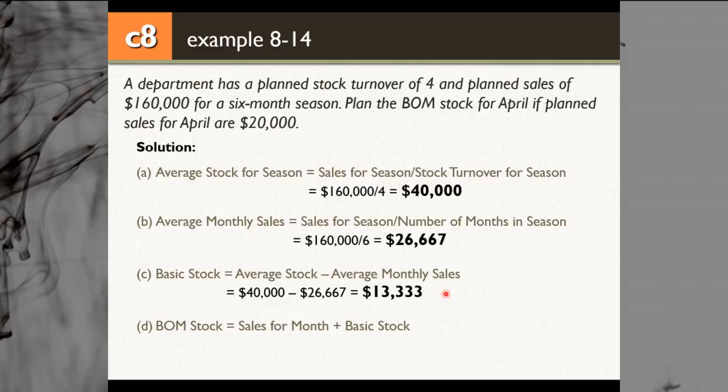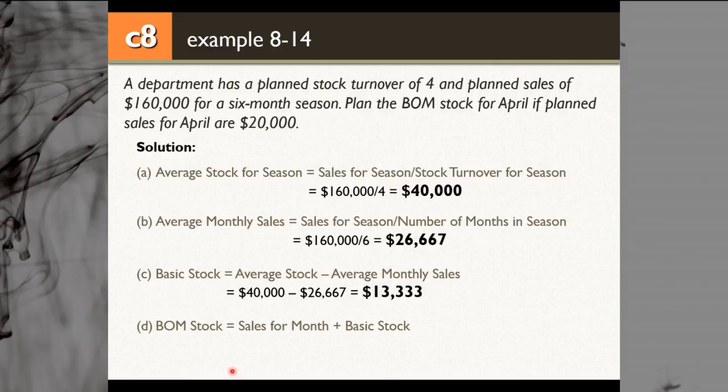Now you've got the really important number here, because that's what you're going to add to each month's sales plan. Then you can get your beginning of the month stock for each month. In this case, the information was given for the planned sales for April. So for the beginning of the month stock for April, you have the sales for the month, your plan, which is 20,000, and then you add your basic stock.